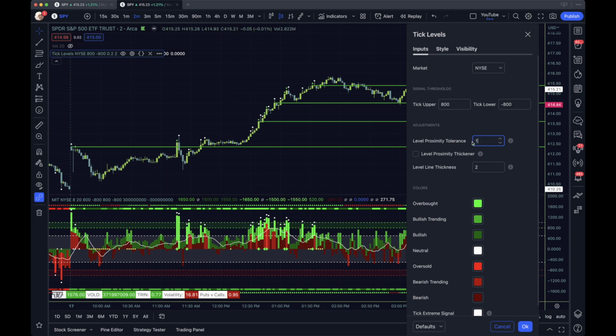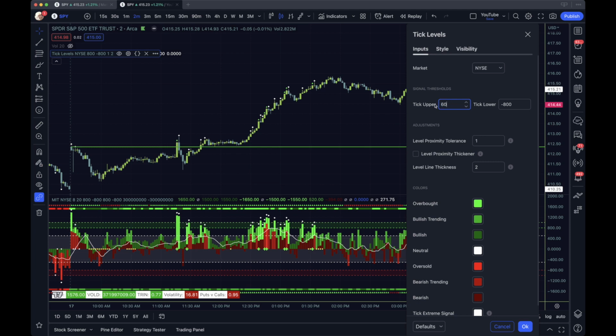Just tweak that to your desire. Just like MIT, you can adjust to the NYSE or NASDAQ. You can also adjust your signal thresholds just like you can on MIT. As I've said in my other videos, tick does adjust over time. The key levels aren't always the same, so you can make that adjustment in here.